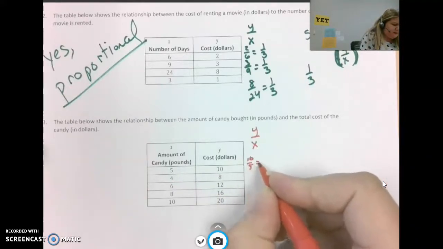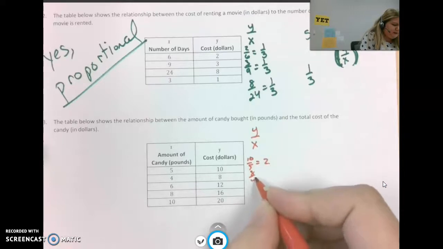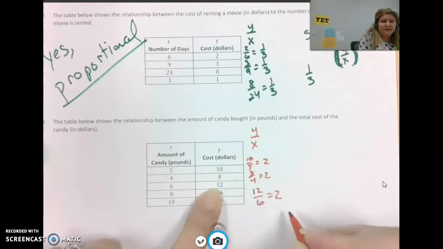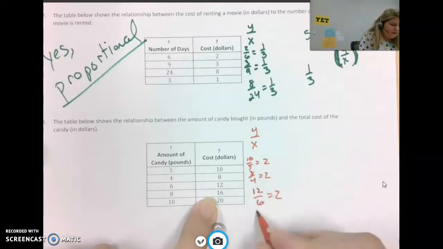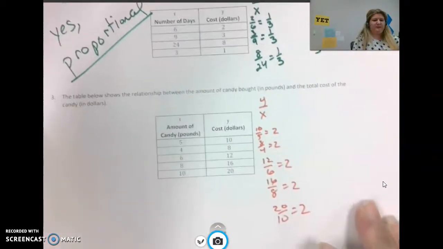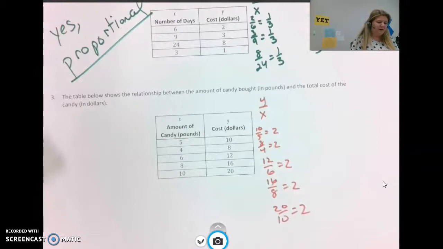So 10 divided by 5 is 2. 8 divided by 4 is 2. It's looking good so far. 12 divided by 6 is 2. 16 divided by 8 is 2. 20 divided by 10 is 2. Yes. Okay, this is a proportional relationship because each pound of candy costs $2.